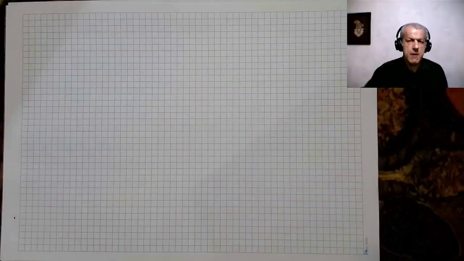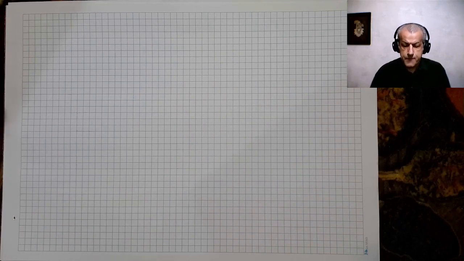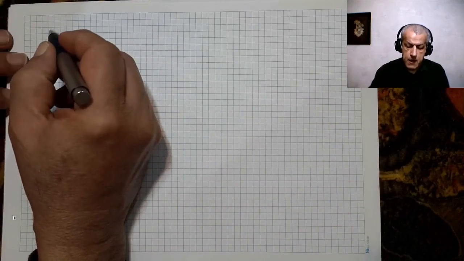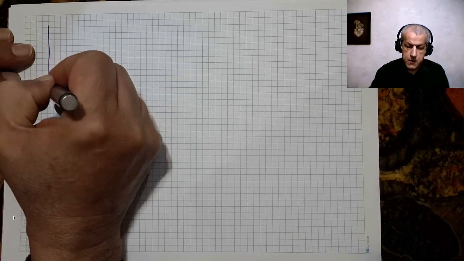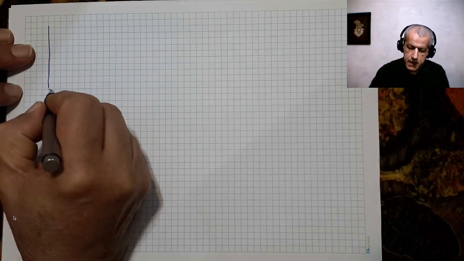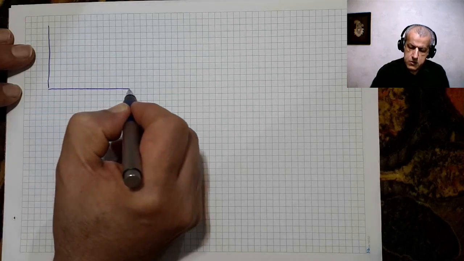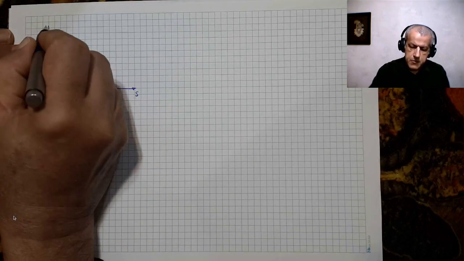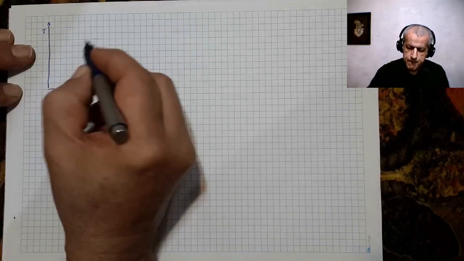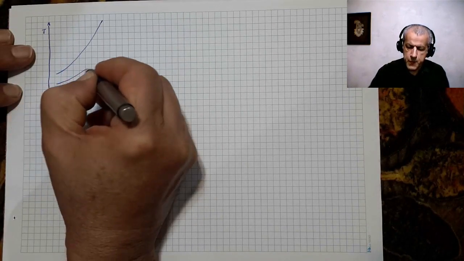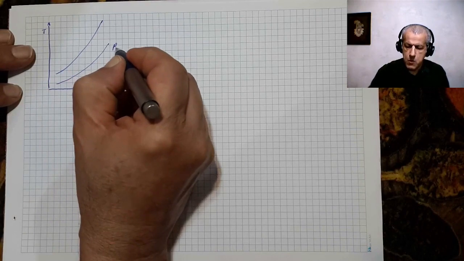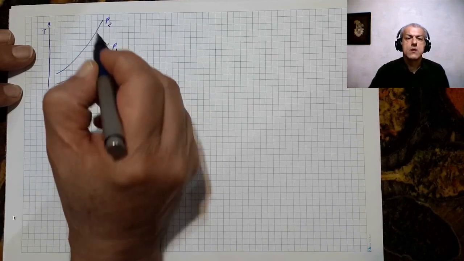If you remember, I told you that when we have a Brayton cycle, which was the cycle for gas turbines, we had two constant pressure lines, which were P1 and P2.